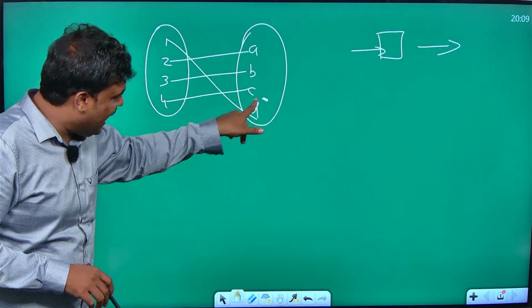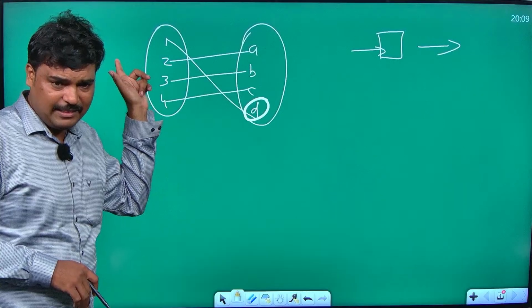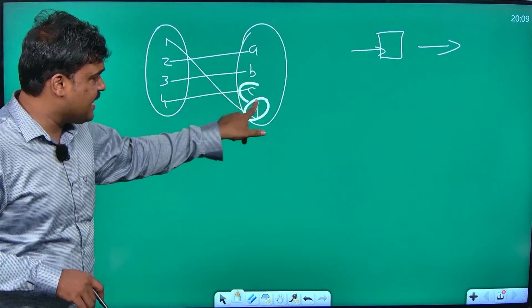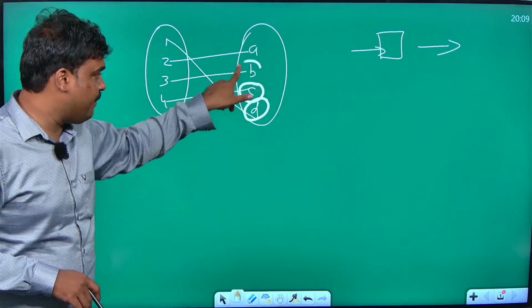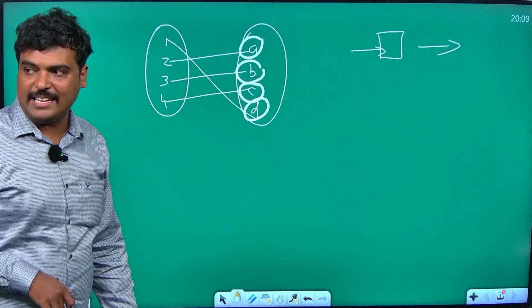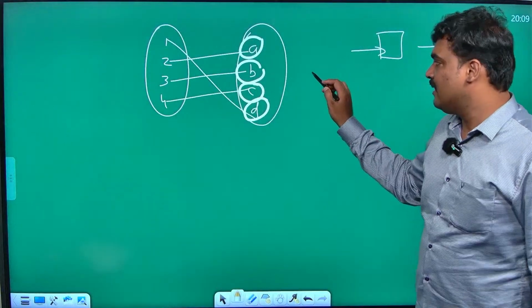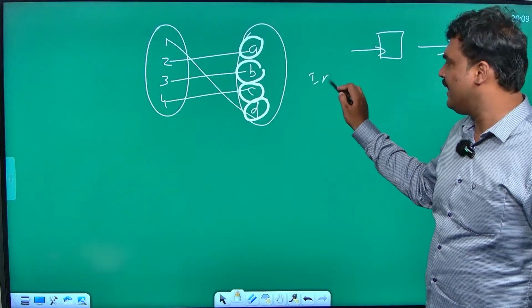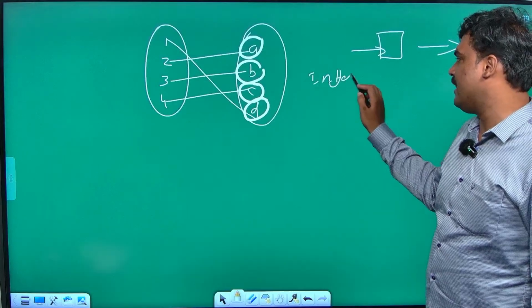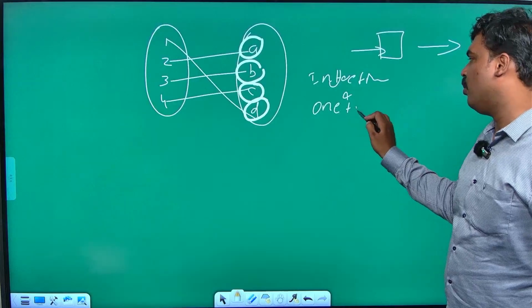Whether D got any other domain element? No. Whether C got any other? Whether B got any other? Whether A got any other? So we can conclude this as what? Injectivity. Colloquially, what can we call it? A 1 to 1 function.